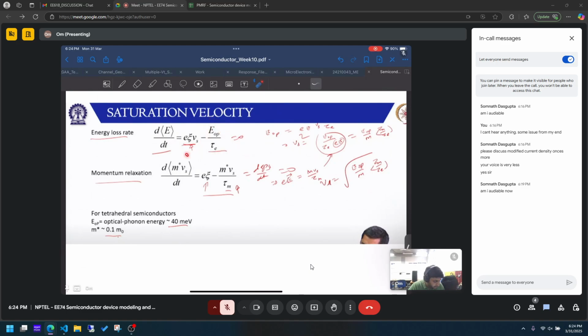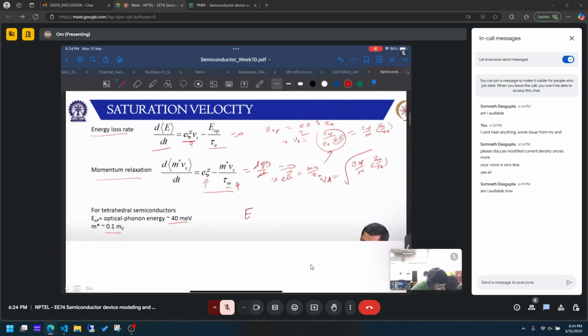So from here we can determine tau E, and I think the formulation is E_OP equals q E Vs tau E, so tau E will be E_OP by q E Vs. So tau E here is the energy relaxation time.